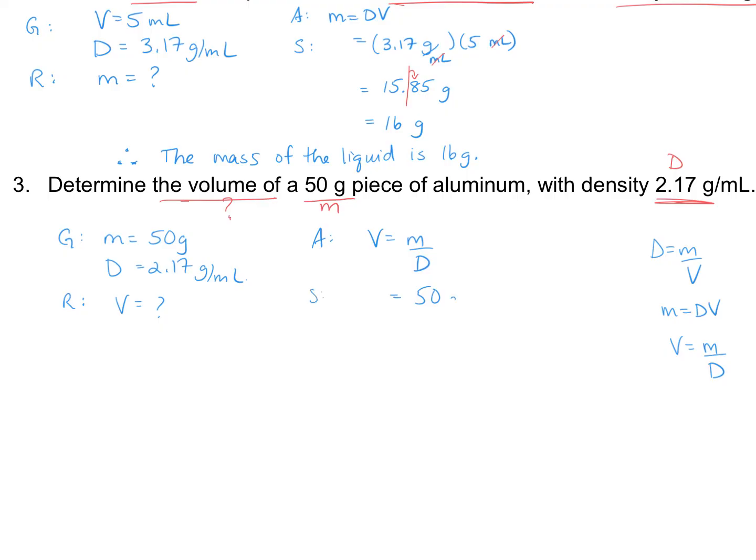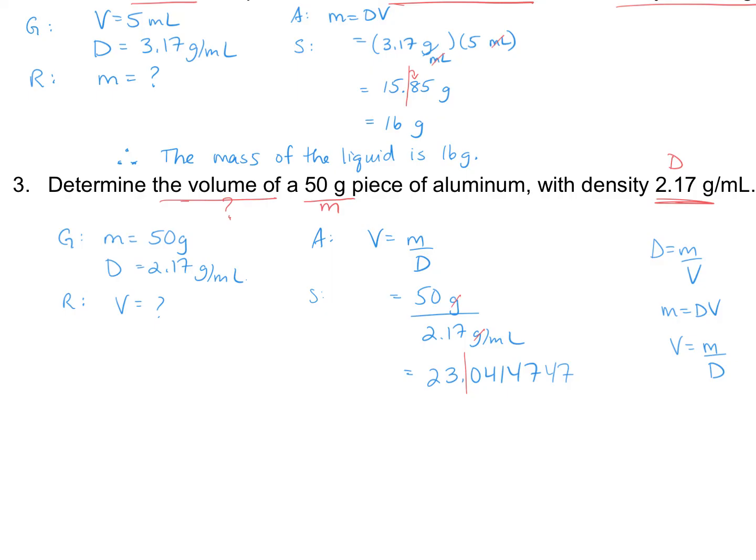This is our solution. Plug in our 50 grams and 2.17 grams per milliliter. And then we can go ahead and divide. You'll notice the gram units cancel, and we will be left with milliliters. Okay, so into my calculator, I get this number, and I'm going to decide to round to the nearest milliliter here.